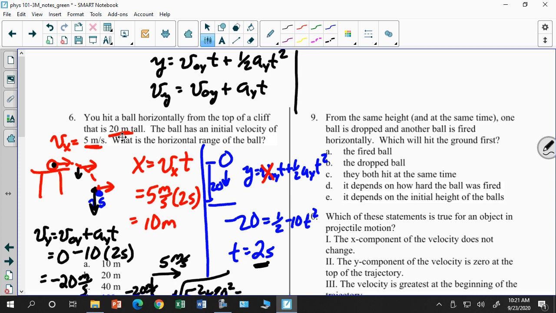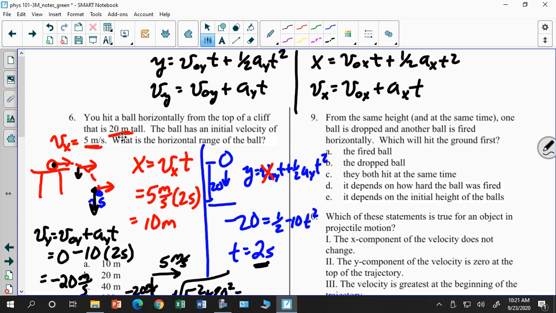And then I have x, similar. x equals v naught x t plus 1/2 axt squared, and Vx equals V naught x plus axt, but ax in both cases here is 0, so those go away. So those x equations are a lot simpler. Really, with x, we only have x equal to Vx times t, because in fact, V naught x is the same as Vx. So I can rewrite those x equations as simply x equals Vxt.